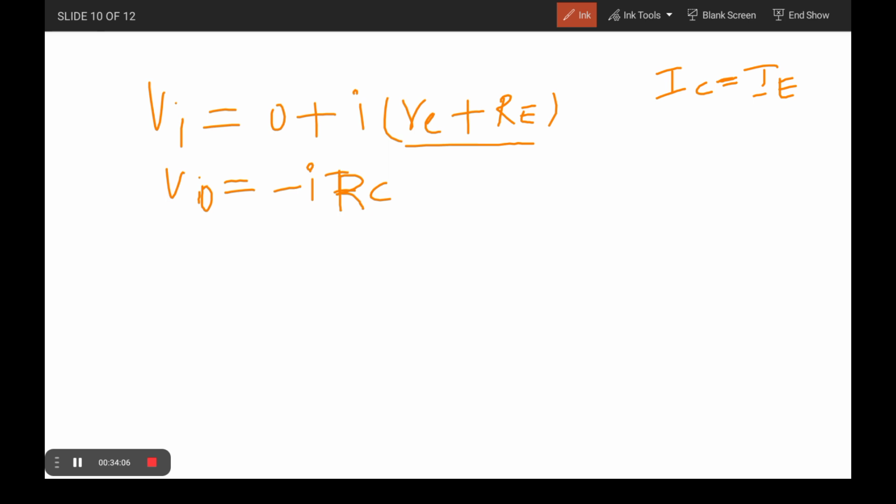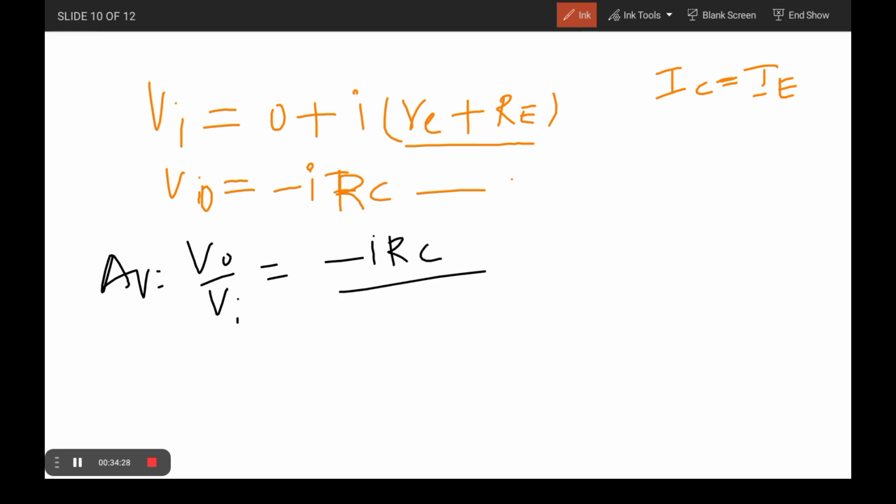So V naught is equal to minus I into RC. Therefore you need to calculate the gain of the circuit. Gain means that AV is equal to V naught by Vin, so the output voltage minus I into RC divided by the input voltage.